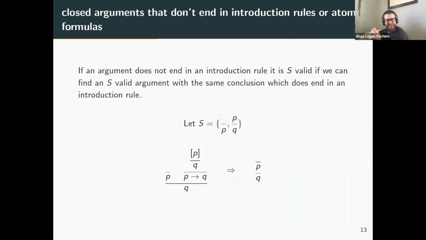It's not that the negation is outside the "or" in the title of the slide here. Right. Got it. That either don't end in introduction rules or don't end in atomic formulas. Okay. Got it. I'm happy. I'm sorry. No worries. All right. Great. Thank you for interrupting. Thanks for answering.